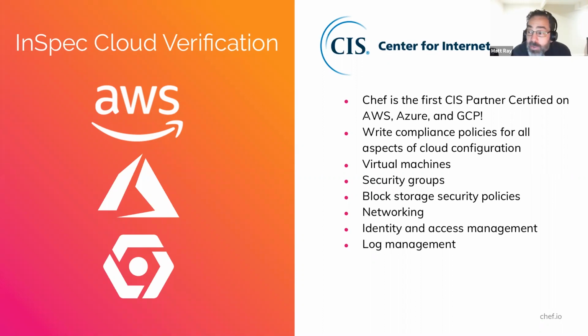You can use InSpec to write upfront profiles. You're looking for how your identity and access management is configured. With Chef Automate, we're shipping the Center for Internet Security benchmarks for the clouds. So you can make sure that how you're standing up your infrastructure is up to at least their expectations.